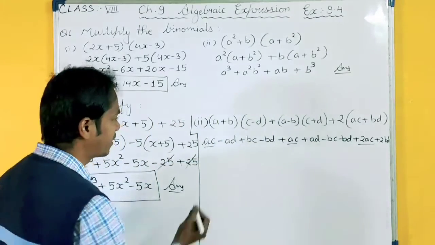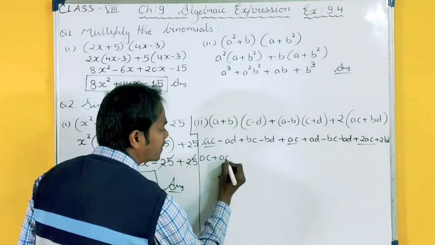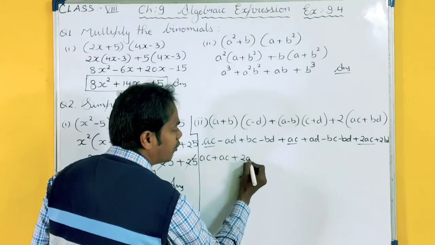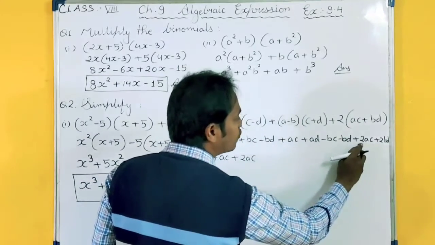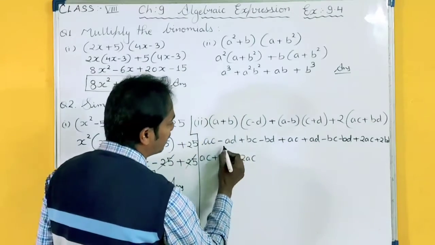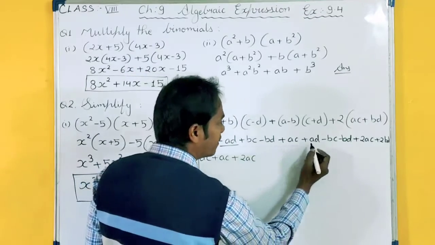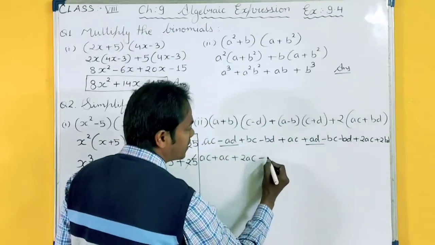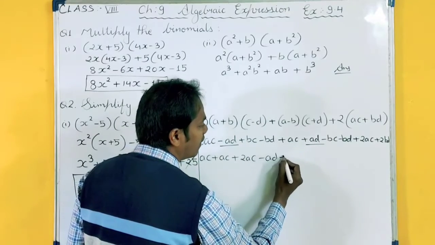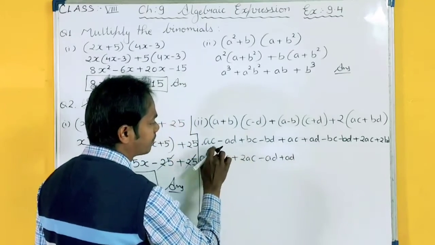These are all like terms. So first I will arrange AC plus AC plus 2AC. I have written all the ACs together. Then take AD. Can you see AD here? Here it is AD. Only 2 times AD you get: minus AD and plus AD.